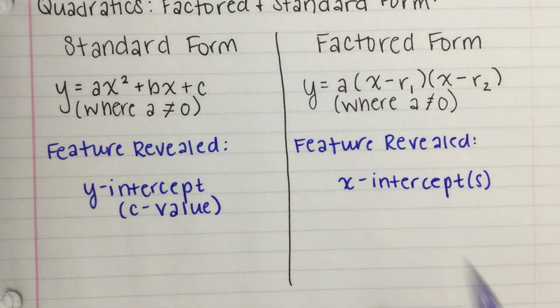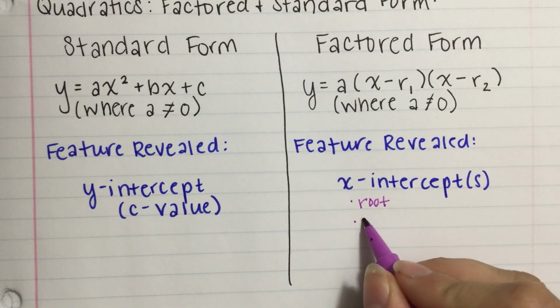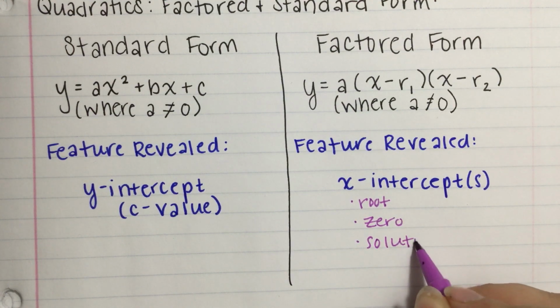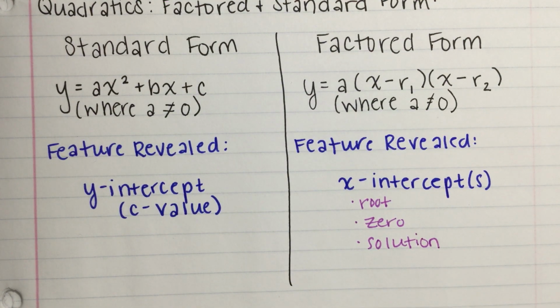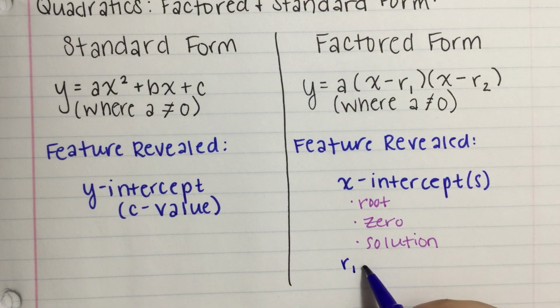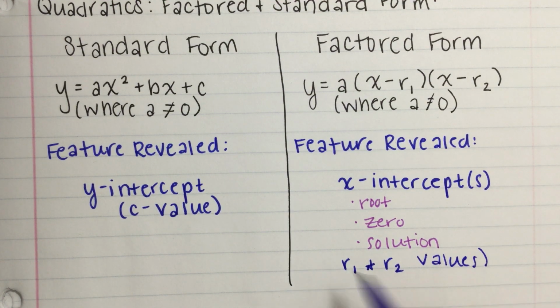So we call these x-intercepts three different things. An x-intercept can be called a root, a 0, or a solution. And we'll be using all three of those throughout this week so that we don't ever forget those are the three names. Now, these are represented by R1 and R2 values. And we'll go through how to actually find those because there is a process that we use.